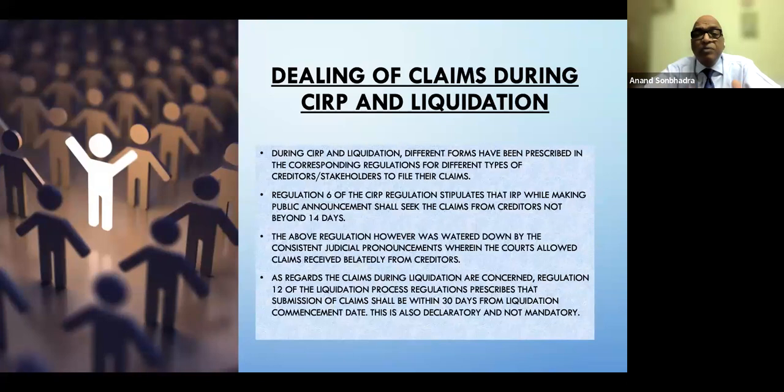Of course, different forms have been prescribed by different regulations for different types of creditors and stakeholders to file their claims.